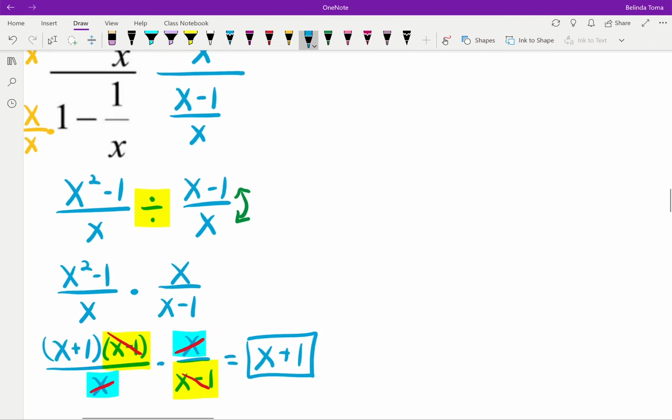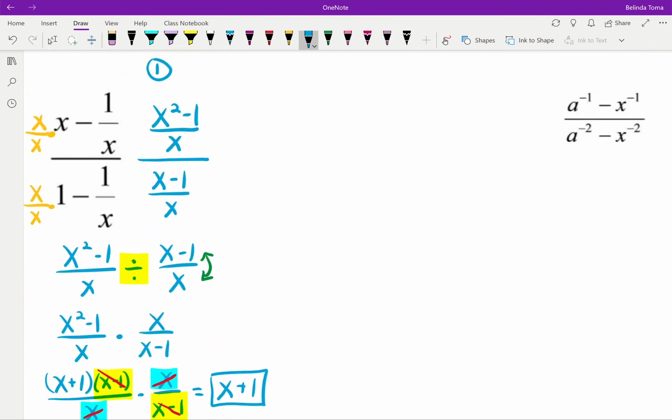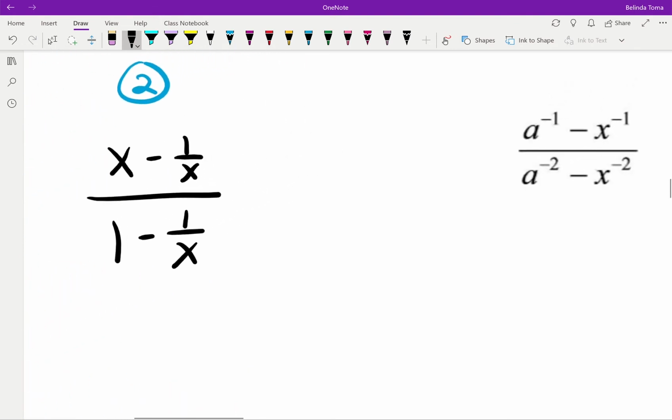Now if we look at method 2, again I'm going to start by just rewriting the problem. And that problem was x minus 1 over x over 1 minus 1 over x. In method 2, we're going to look at the denominators of the complex fractions and see that they would be an x in both.